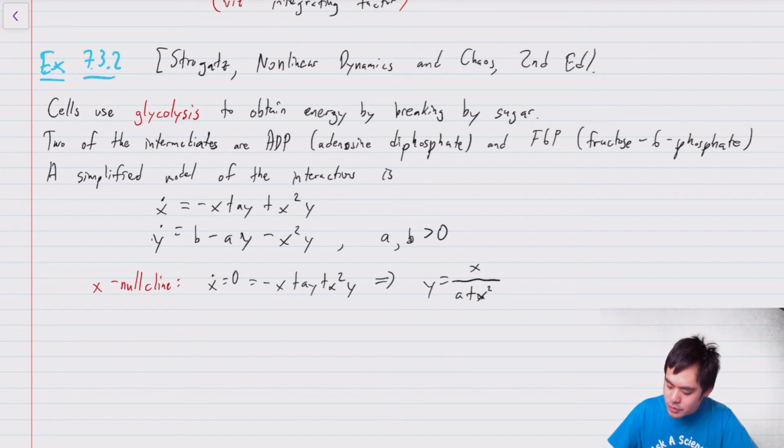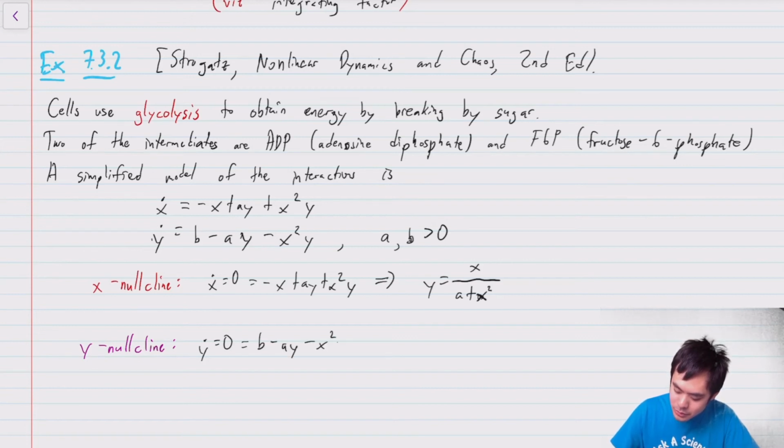You can show this with simple algebra. For the y nullcline, y dot equals 0, which is b minus a y minus x squared y, and this implies that y equals b over a plus x squared.